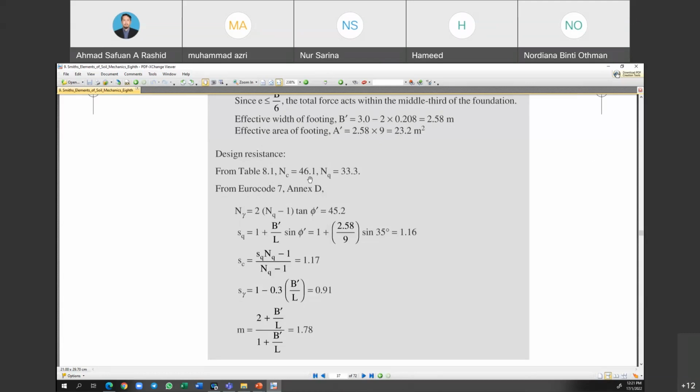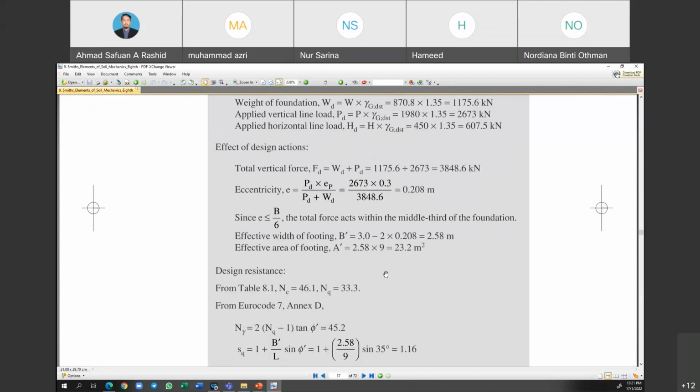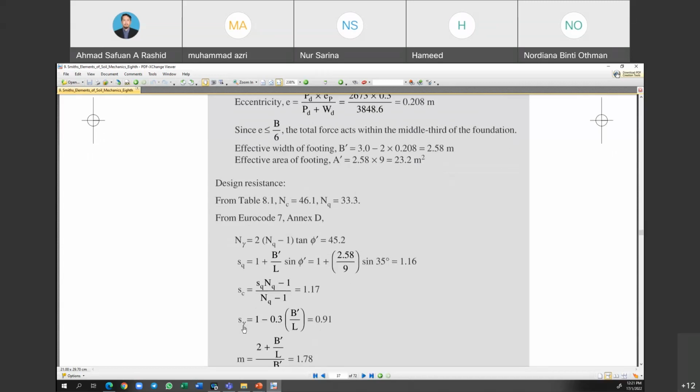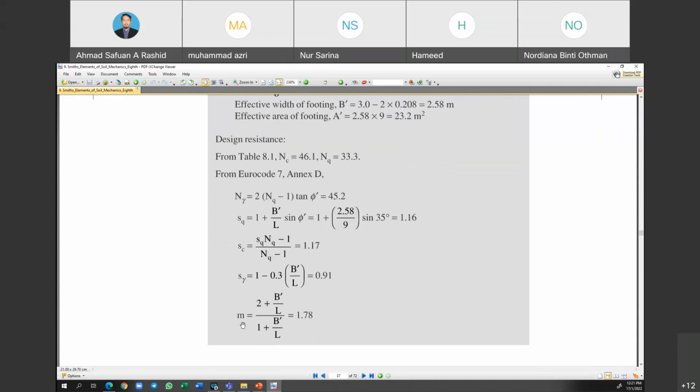NC we do not use here, because there will be no C value, so no need to bother with the NC. So NQ and N gamma. Then that is for SQ, SC, and S gamma. Then this is how we get the M.